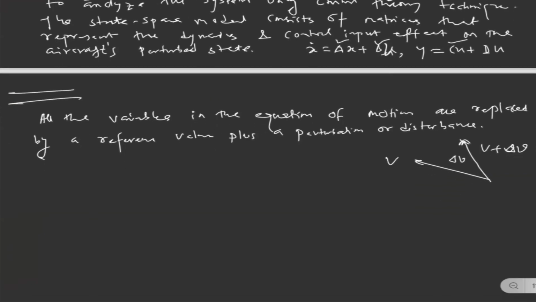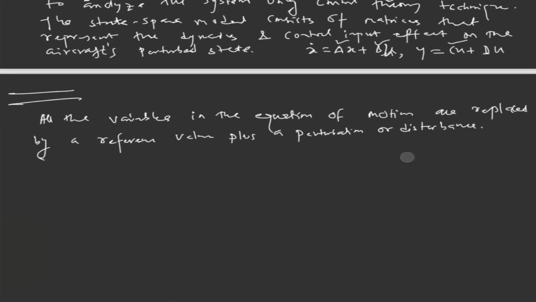So let's look at how we can write the state variables into perturbation part plus reference part. Let's see, u will be the variable which constitutes the reference part u naught and delta u. So delta u is due to the perturbations and u naught is the trim value or reference value of the aircraft.